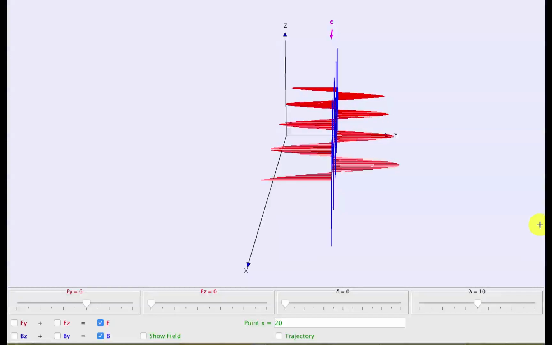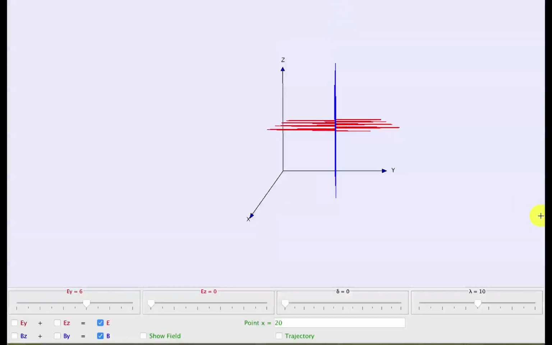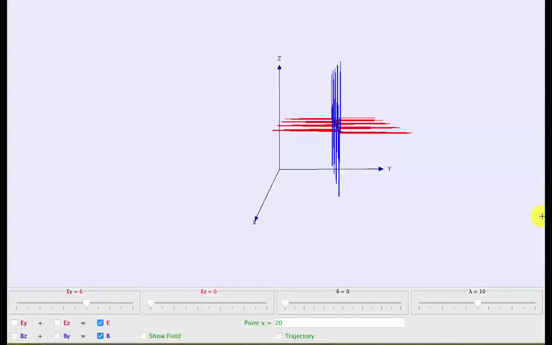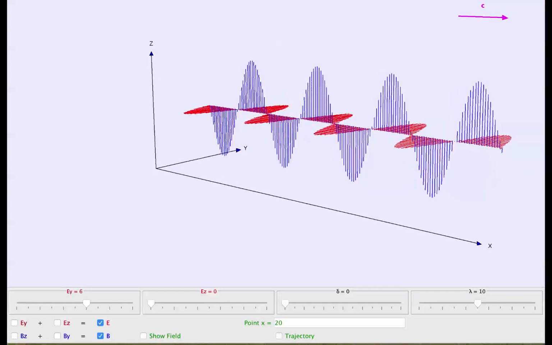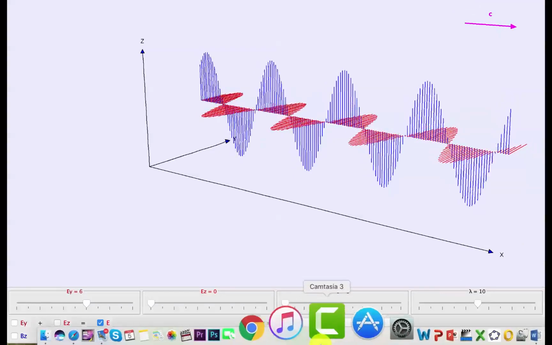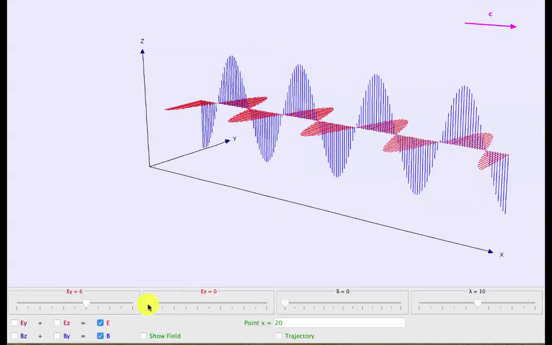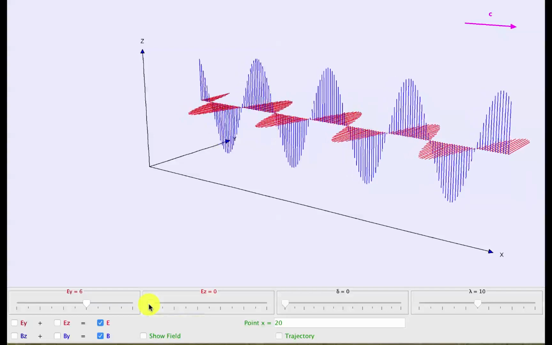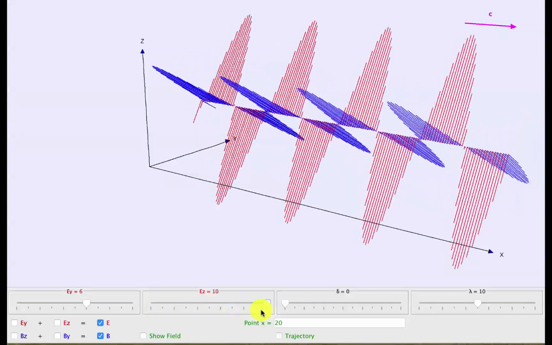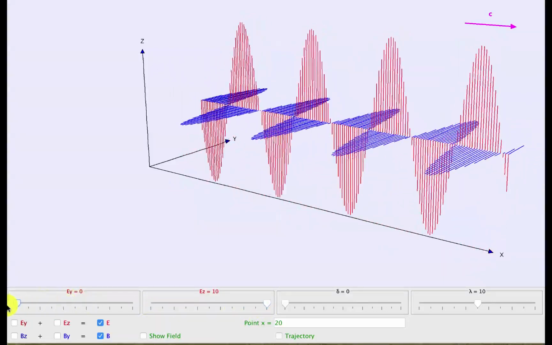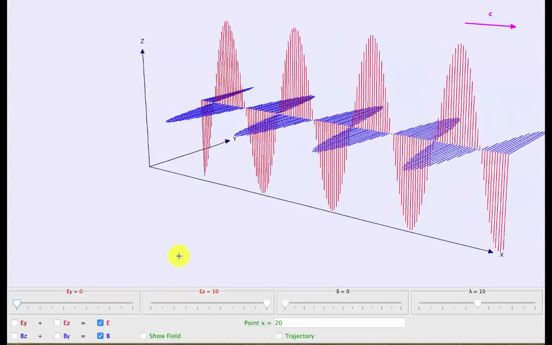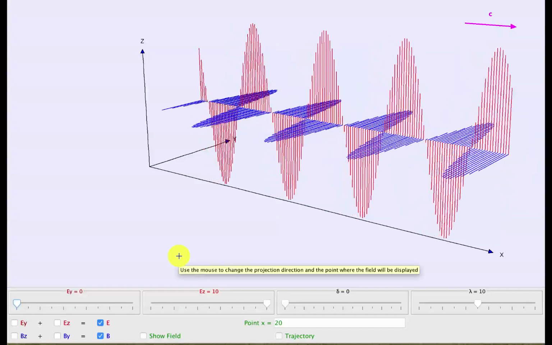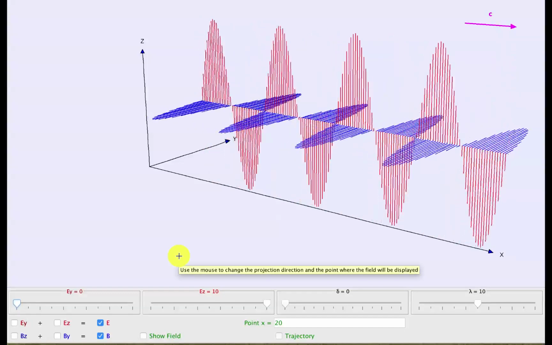So let me take this perspective over here. You can see that these are exactly perpendicular to each other. And now, what happens if I go to the other case, that is to say, the wave is polarized in the z direction? Well, then the magnetic field is polarized in the y direction.